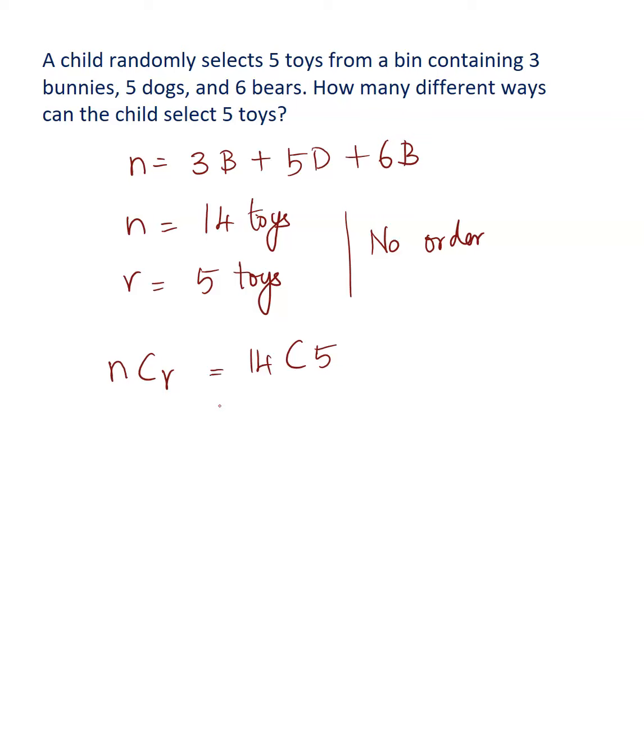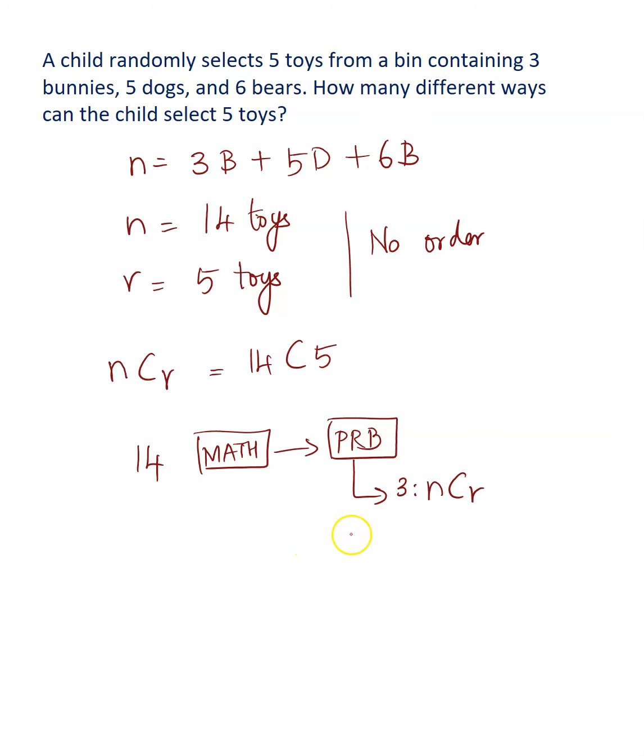For this one, first punch in 14 and then go to Math, PRB, and we choose the third option, and then hit enter.